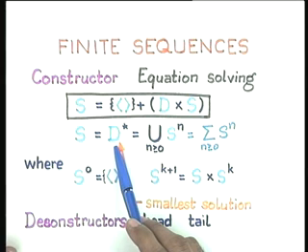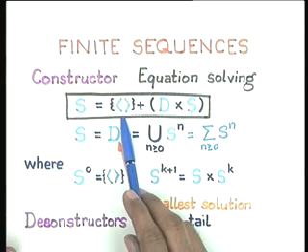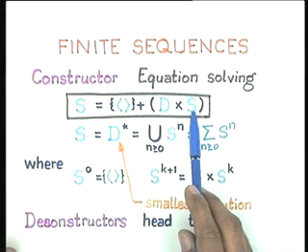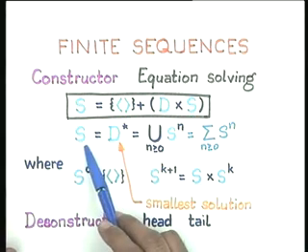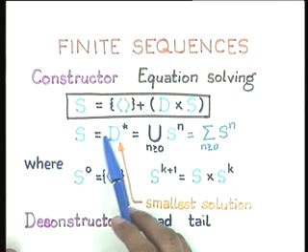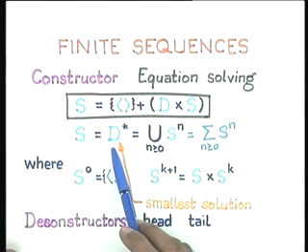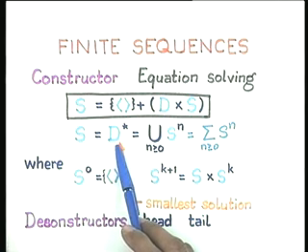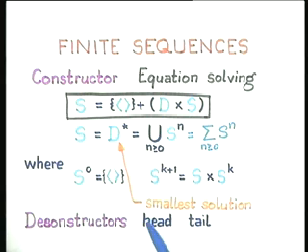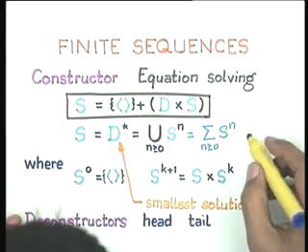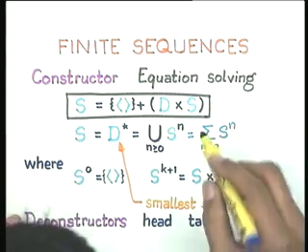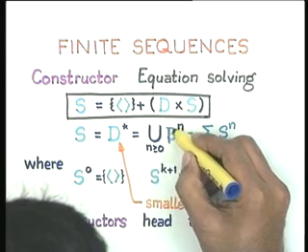S is equal to, in the curly braces, the empty sequence, union D cross S. A solution for this equation I said was D star, where I defined D star as the disjoint union of all. I am sorry, maybe I should have called this, I should have used Dn. So this should be Dn.